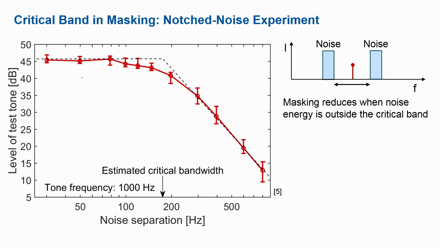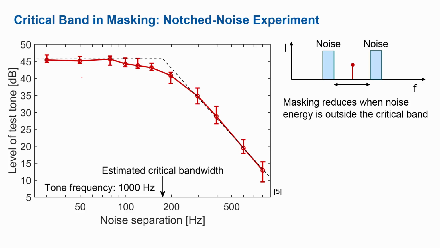If the noise energy gets into the filter, so the noise separation is small, then of course we have to raise the tone's level to just detect it. And this is what's plotted here in this experiment. So on the left side of the graph, the noise separation is narrow, and we have to turn up the level of the tone to just detect it.